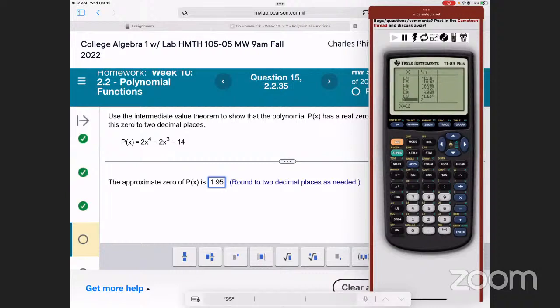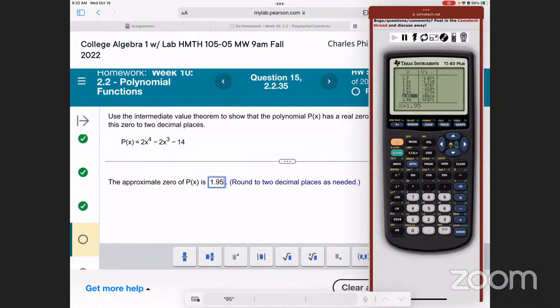So then I'm gonna go back to my table. Now I want the table to start at 1.9 and change by 0.01. So I'm zooming in, right? Now if I go back to the table, somewhere between 1.9 and 2 the sign should change. So right here, between 1.94 and 1.95, the sign changes. I'm gonna do it one more time, because we want 2 decimal places, so we need one more place value.